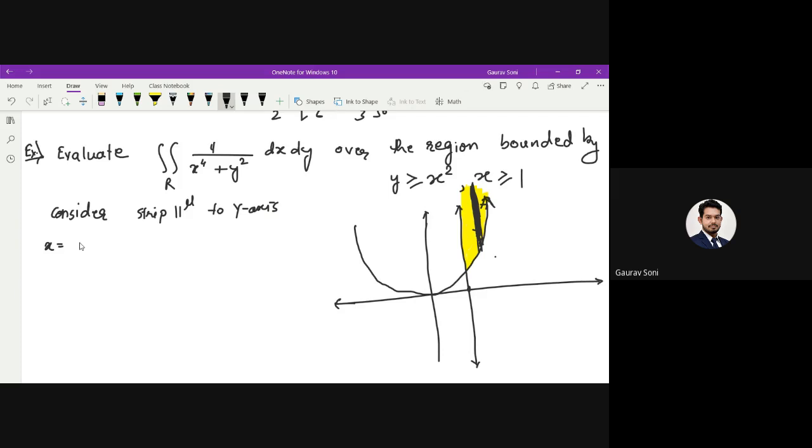So when you have a vertical strip, you are going to move it horizontally. So horizontally, what is your range over which you are going to move this strip? 1. Is there an end? No, there is no end basically. So x is running from x equal to 1 to infinity.